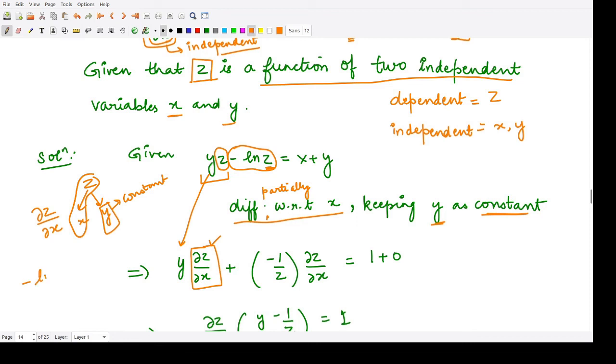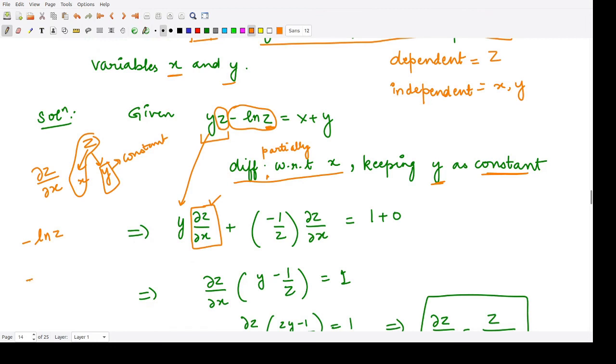For this term, minus log of z: minus would be as such, the partial derivative with respect to x of minus log of z would be equal to minus, then the derivative of log of z, which is 1 by z, and then the derivative of z, which is del z divided by del x. So its derivative is this quantity. We have just written the same over here.